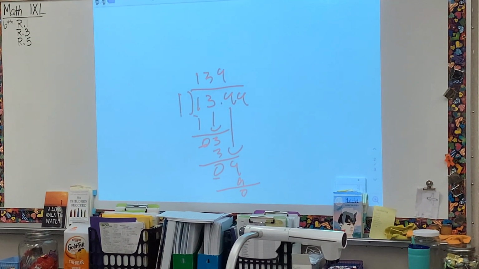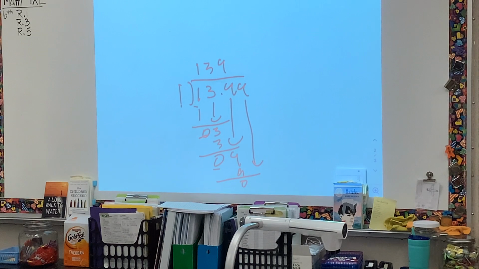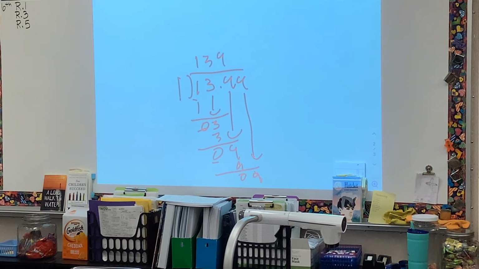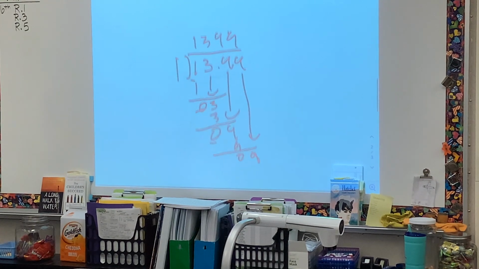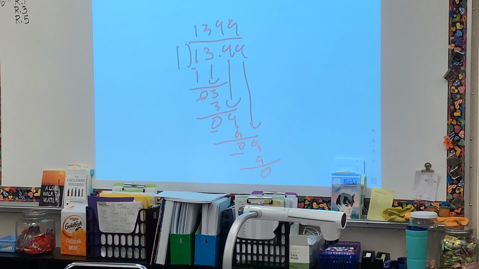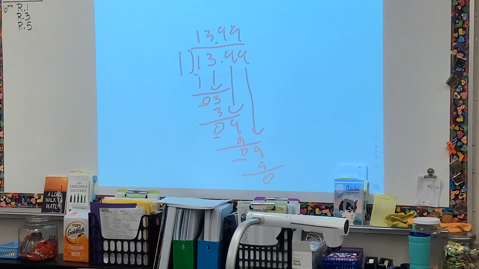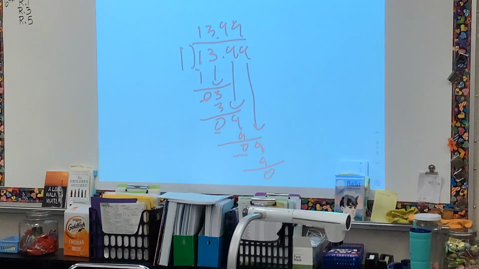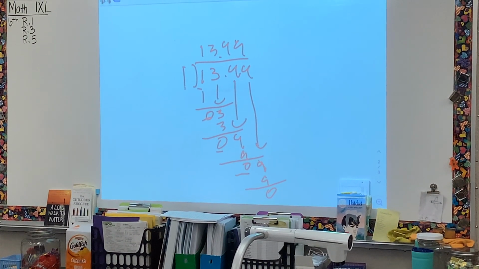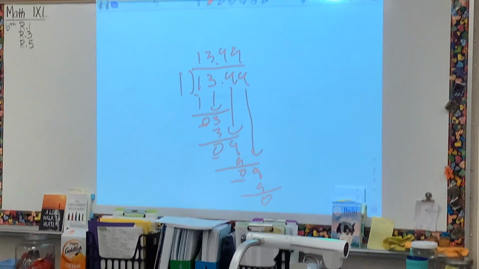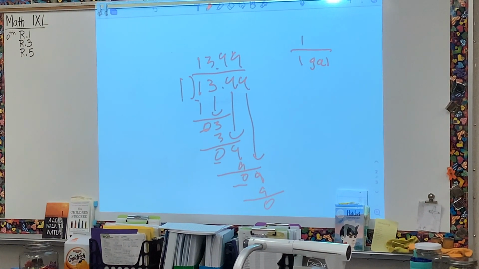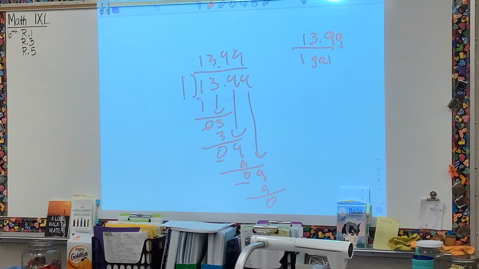That's supposed to be 9, or is that 44? It's a 9. So we have 1 gallon of paint that is $13.99, right?